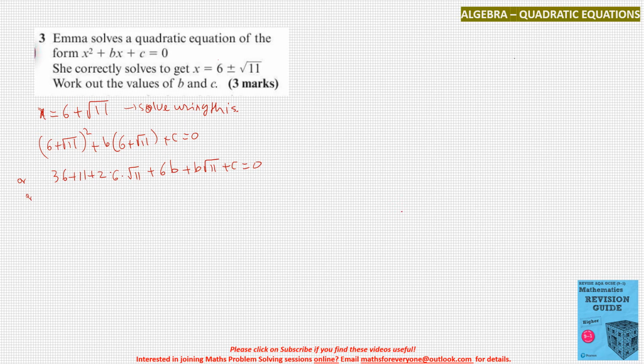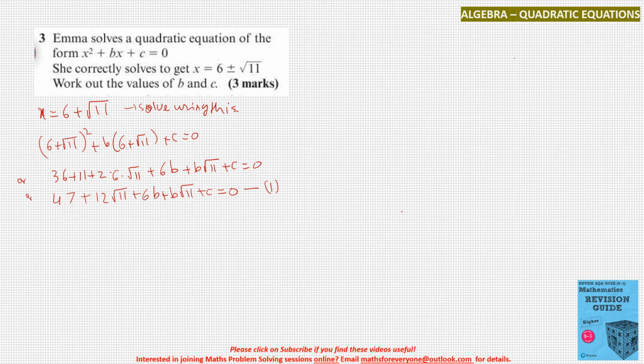Or 36 plus 11 is 47, plus 6 times 2 is 12 root 11, plus 6b. I don't think we can solve it any further, so I will call this 1.